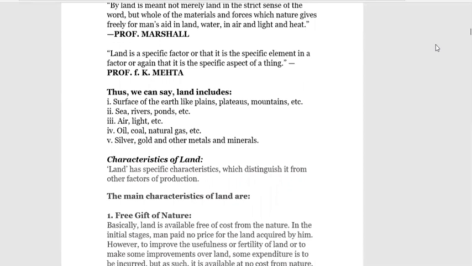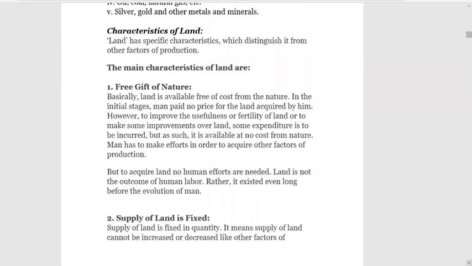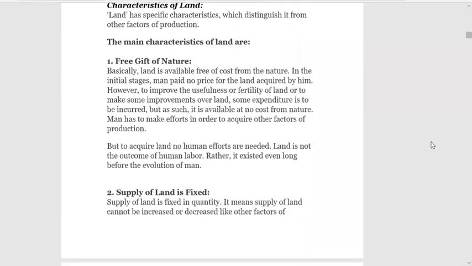What are the characteristics of land? If you see, the characteristic of land is that it is a free gift of nature. Nobody can produce land. What we are doing, we are using this land as per our convenience, as per our need. If we do agriculture, we are using the land for agricultural purpose.